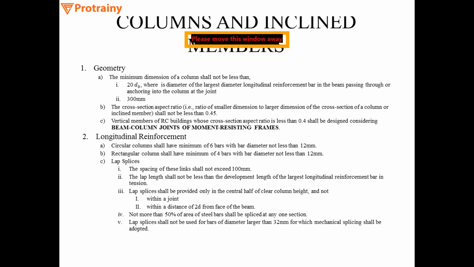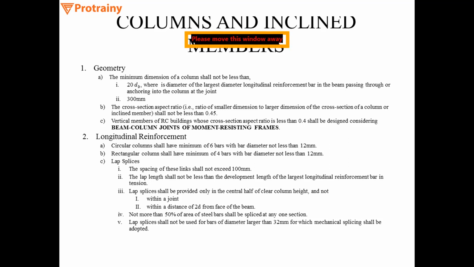So if the spacing between the longitudinal bars of a column is very small, that can cause a lot of congestion, and this could lead to improper pouring or casting of the concrete. To avoid such a situation, the 20 times bar diameter clause has been added in the IS code.